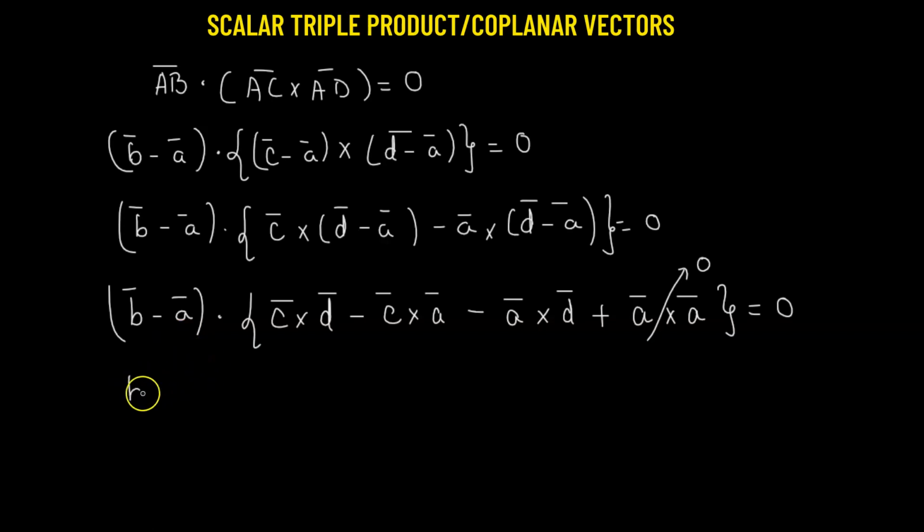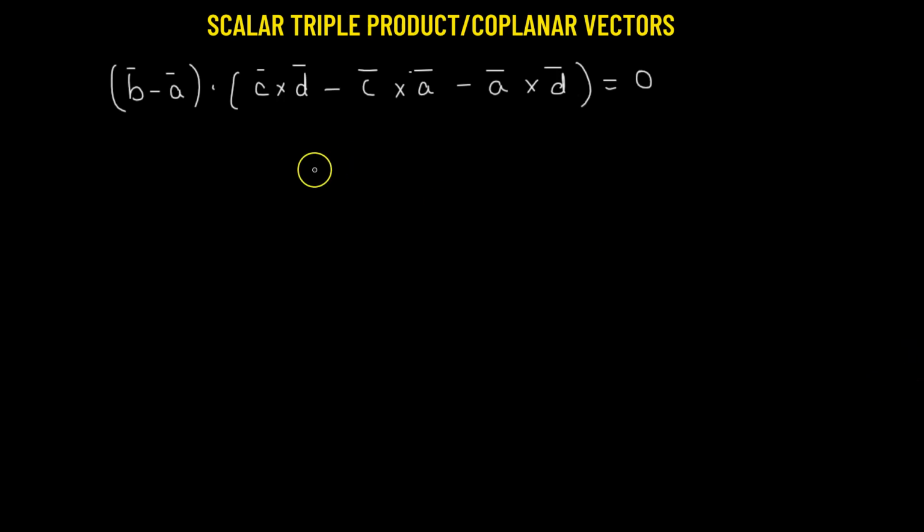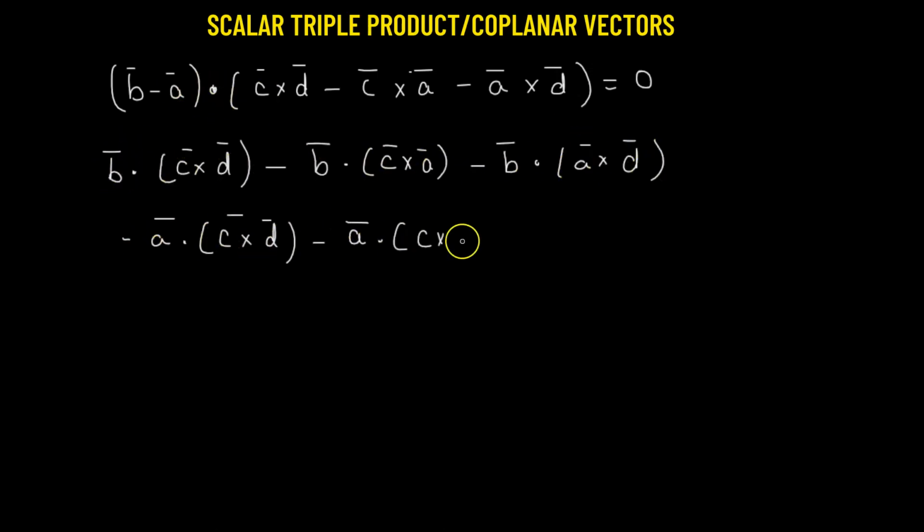Now we will distribute B minus A with each of the terms by taking the dot product. If we count 1, 2, 3, 4, this is the 5th term and the 6th term, and these will go to 0.